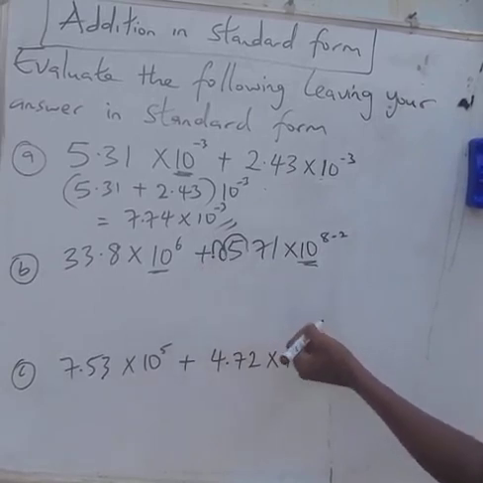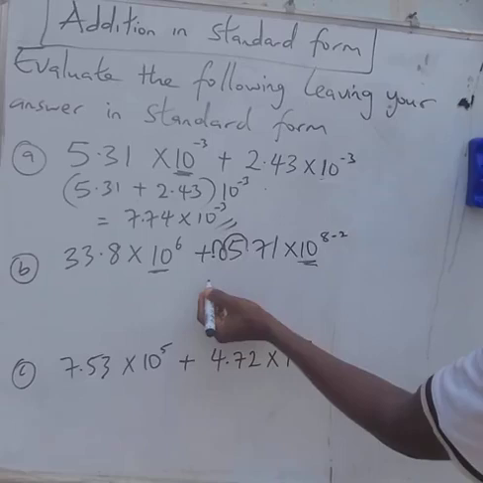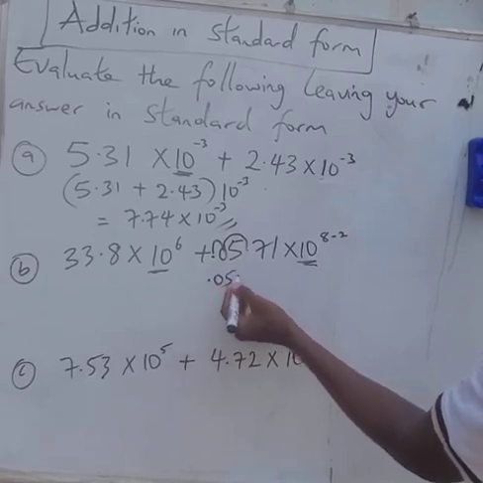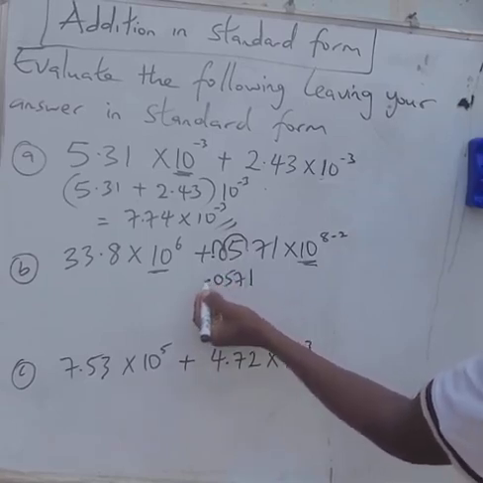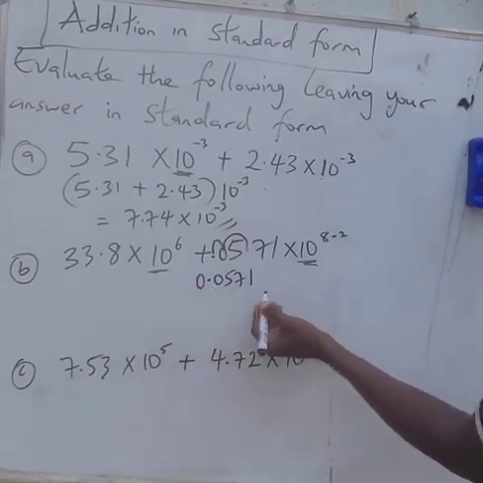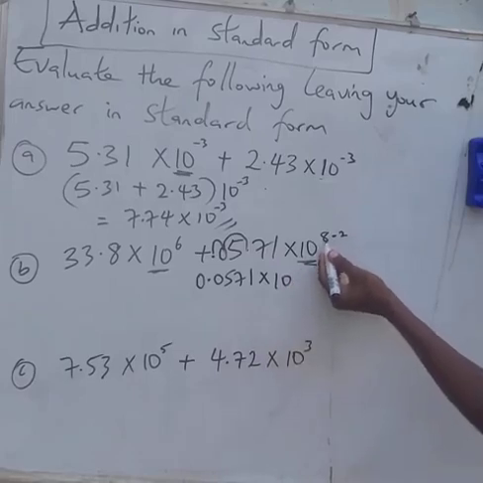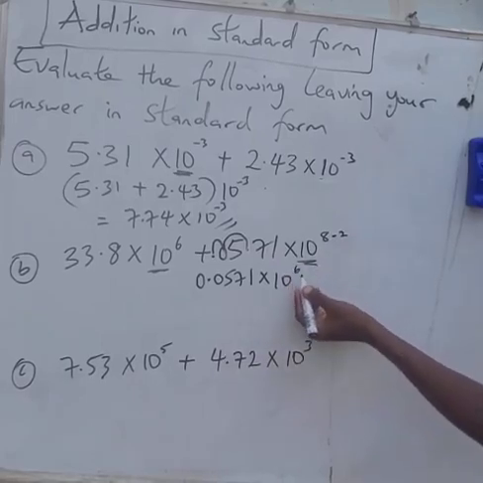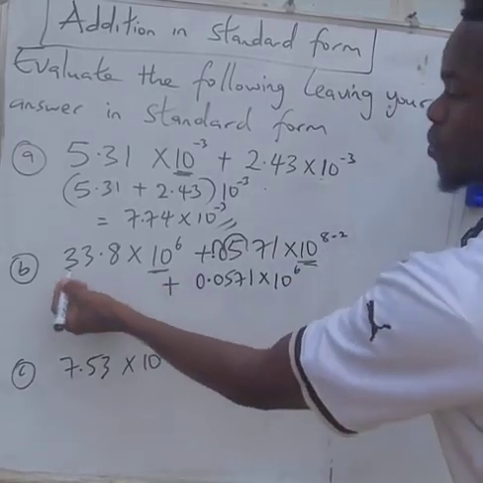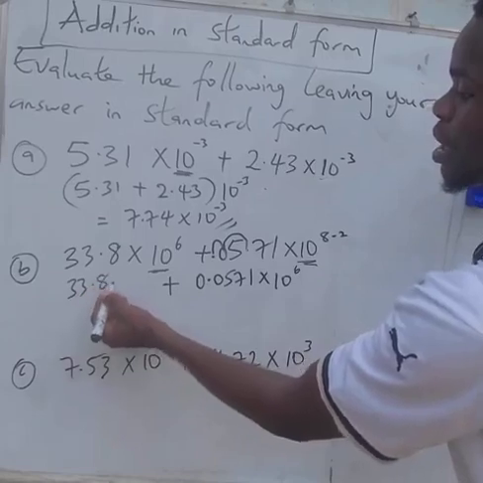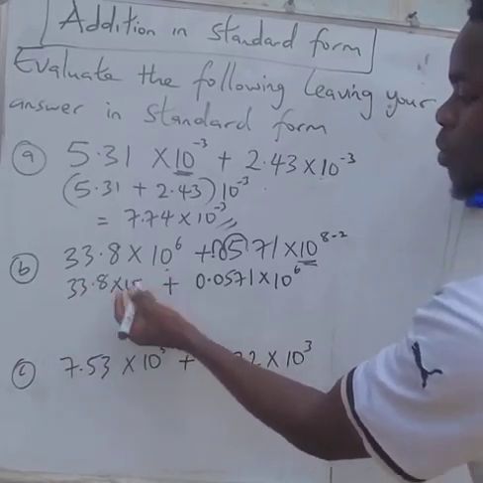Then you put a 0 here. So what do I have? I have 0.0571, making the point visible, I just put 0 here, then times 10 raised to the power, instead of 8, it becomes 6, because 8 minus 2 is 6. Then plus 33.8 times 10 raised to the power 6.